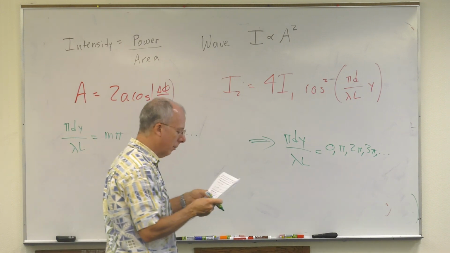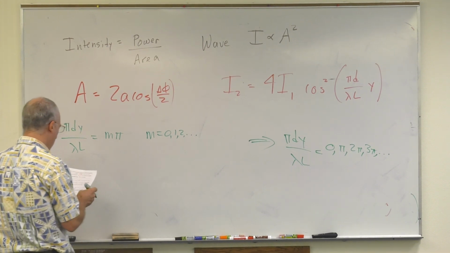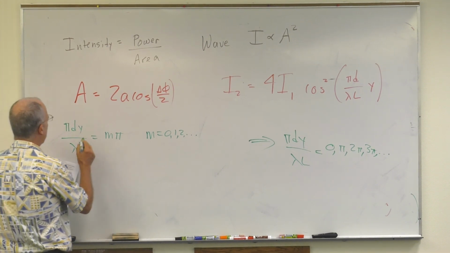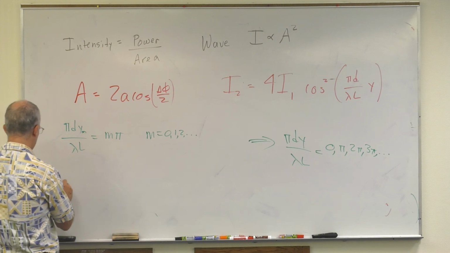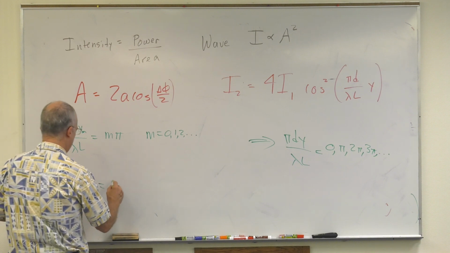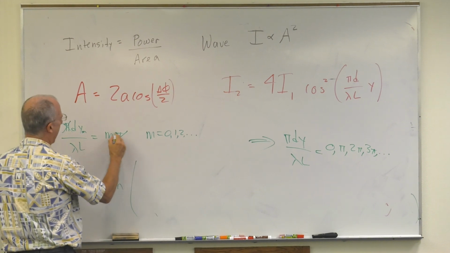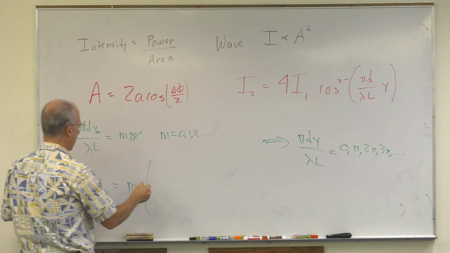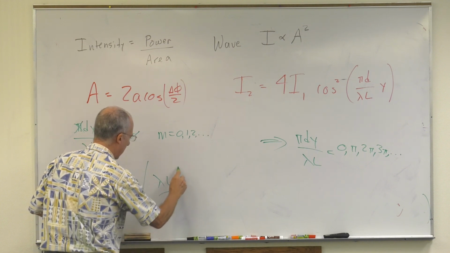Okay, awesome. So solve for y. Let's put a little m here and here. So ym equals m. What happens to the pi's? Goodbye, pi. So ym equals m lambda L over d.